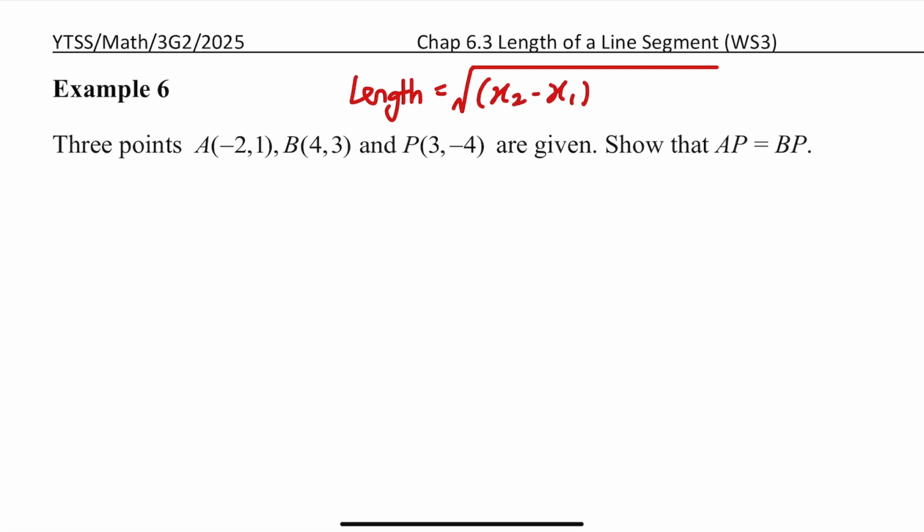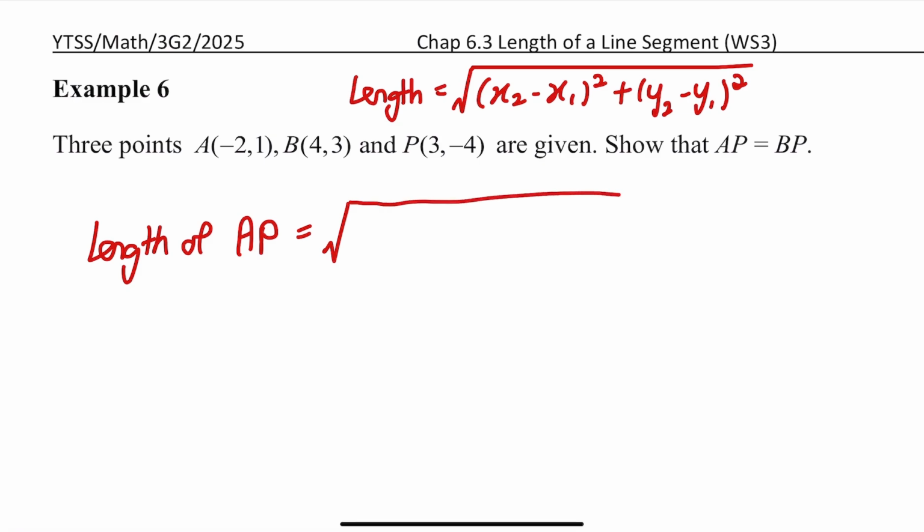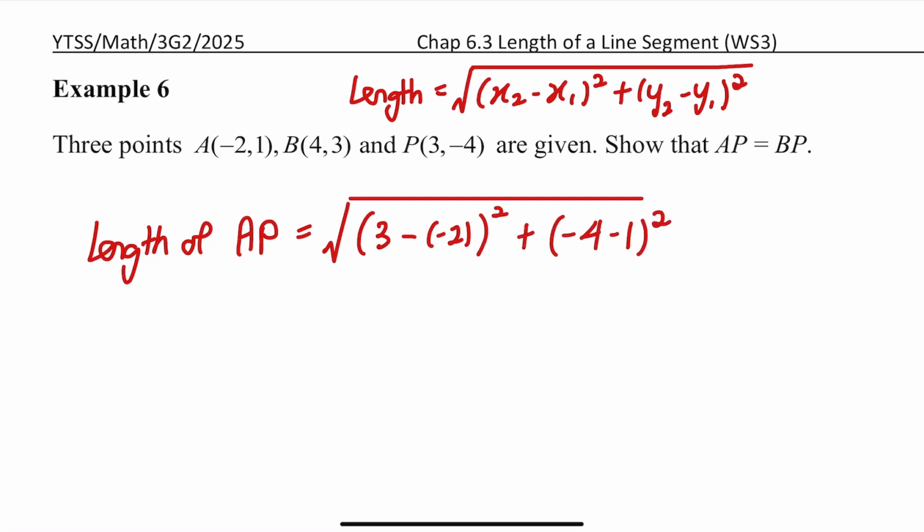Square root of x2 minus x1 square plus y2 minus y1 square. So over here, the length of AP is given by the formula here, square root of 3 minus negative 2 the whole thing square plus negative 4 minus 1 the whole thing square.